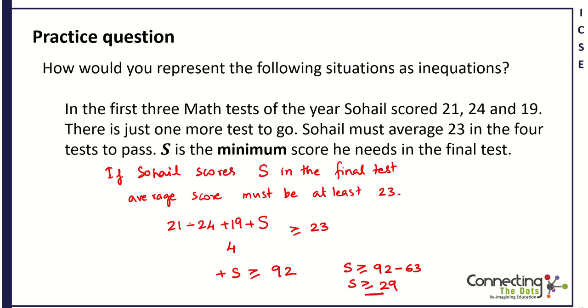It's 45 plus 19 is 64, and this should be 92 minus 64, resulting in a minimum score that he needs of 28.